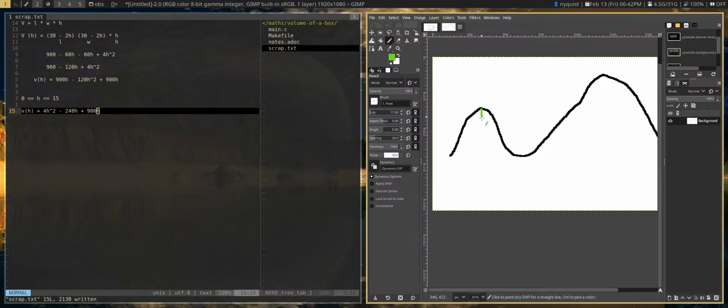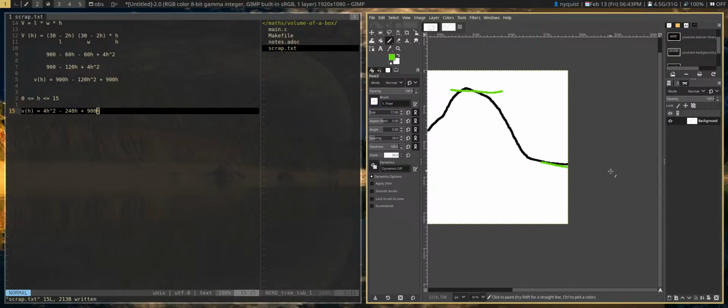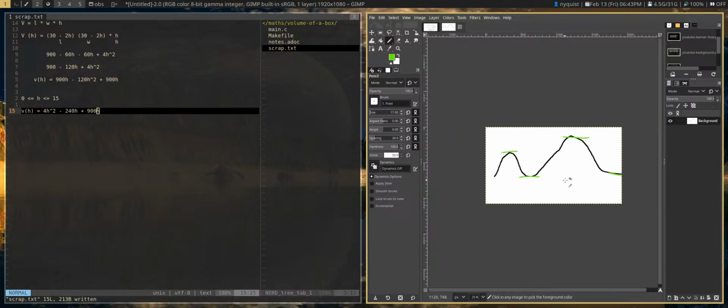So if at this point there was a critical number, which there is, then wherever x lies at that point is a critical number. So we know that right here the derivative is 0, or slope, which is the same thing. Here the derivative is 0. Here the derivative is 0. So those would be critical points.